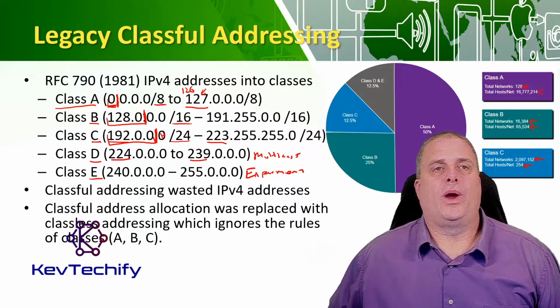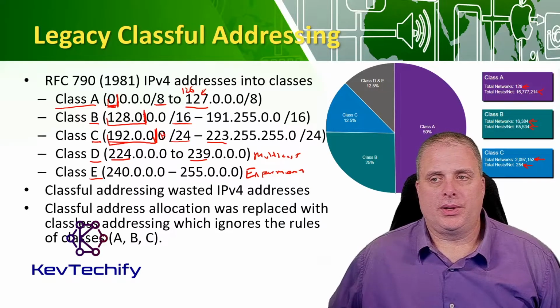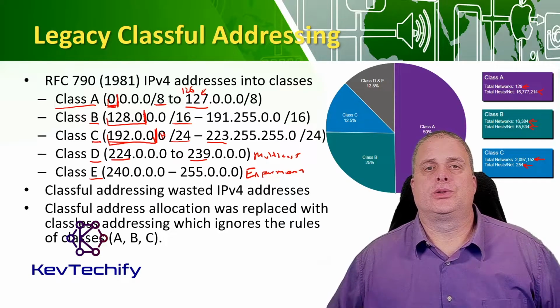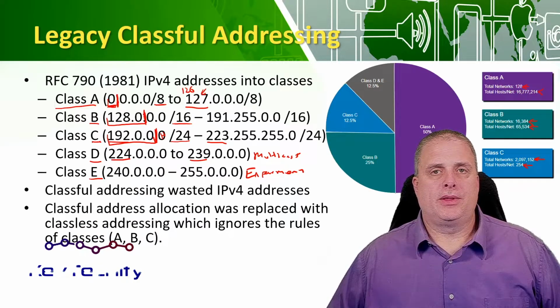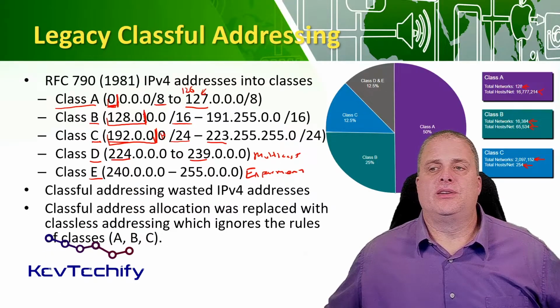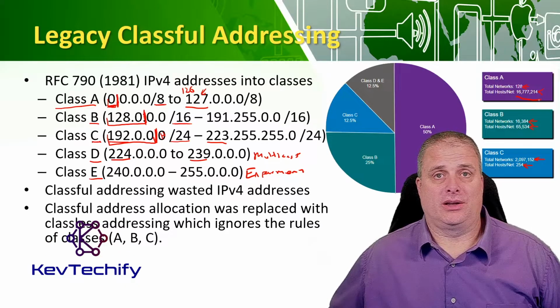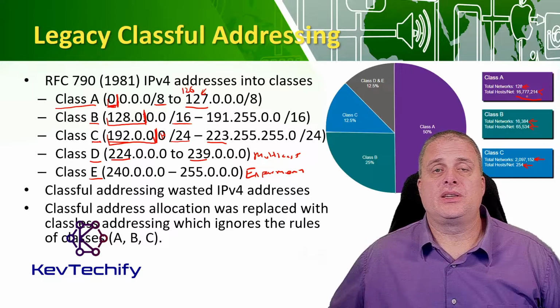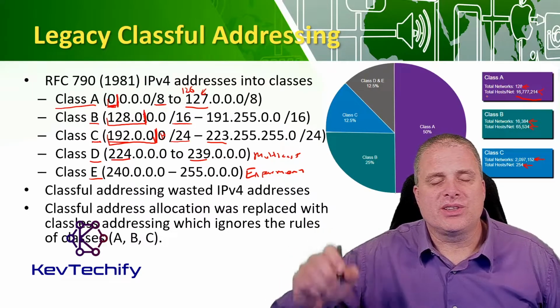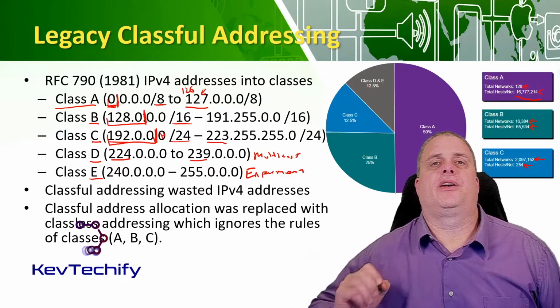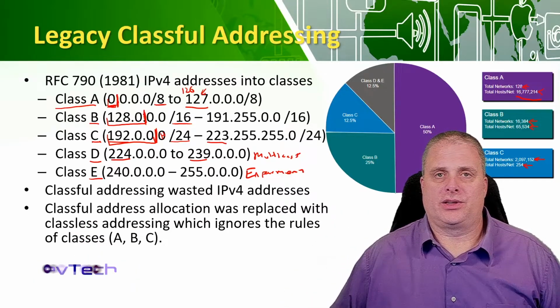This was very wasteful. Companies would get a Class A address and maybe only have 1,000 workers. Maybe they're only using 2,000 devices, but a Class A address had 16 million. So there were over 16 million unused IP addresses. It was very, very wasteful, this classful addressing.